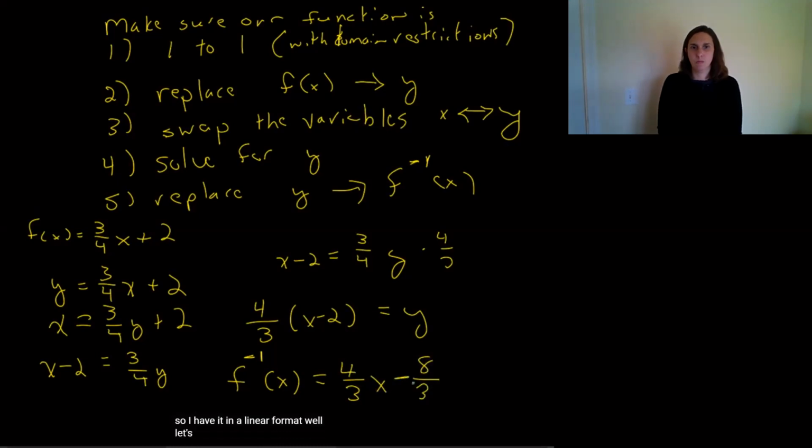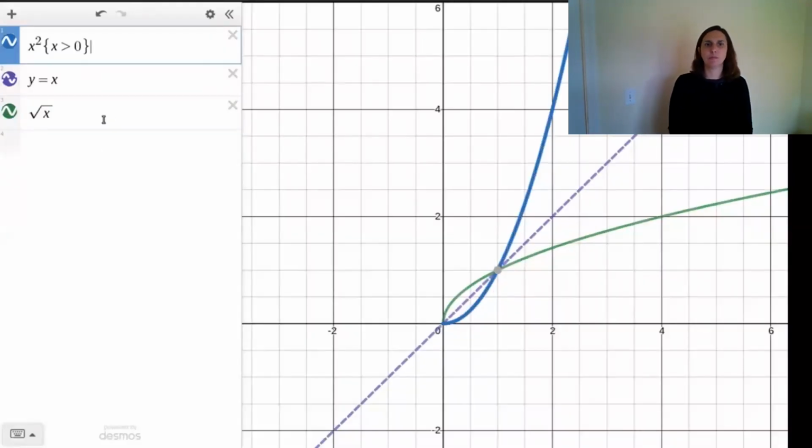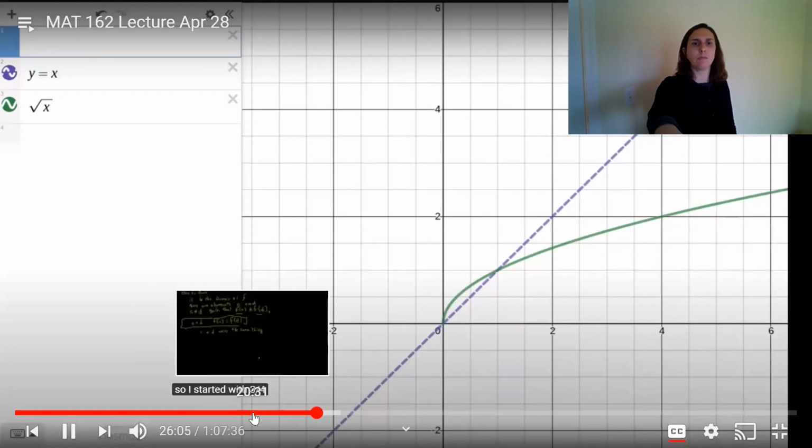Well, let's confirm this. Let's look at this visually. So I started with 3/4 x plus 2.